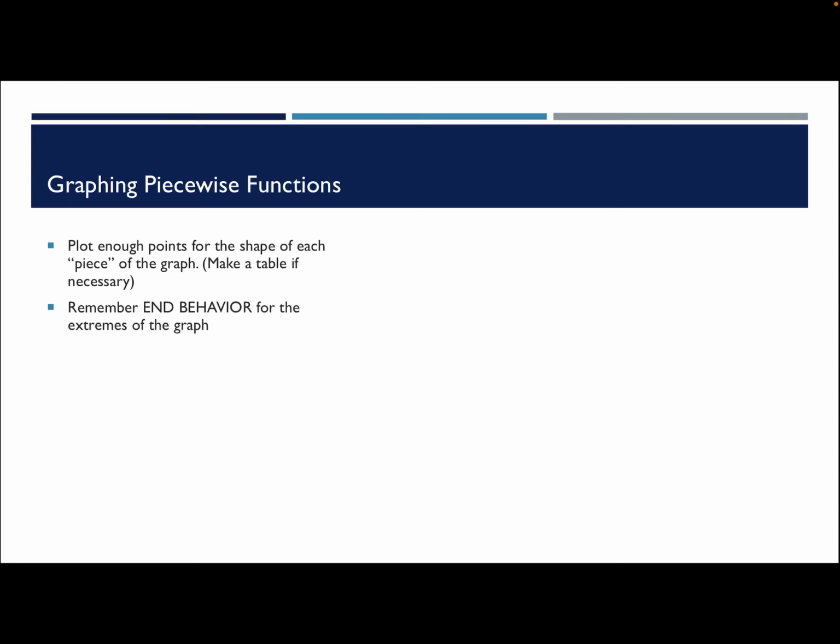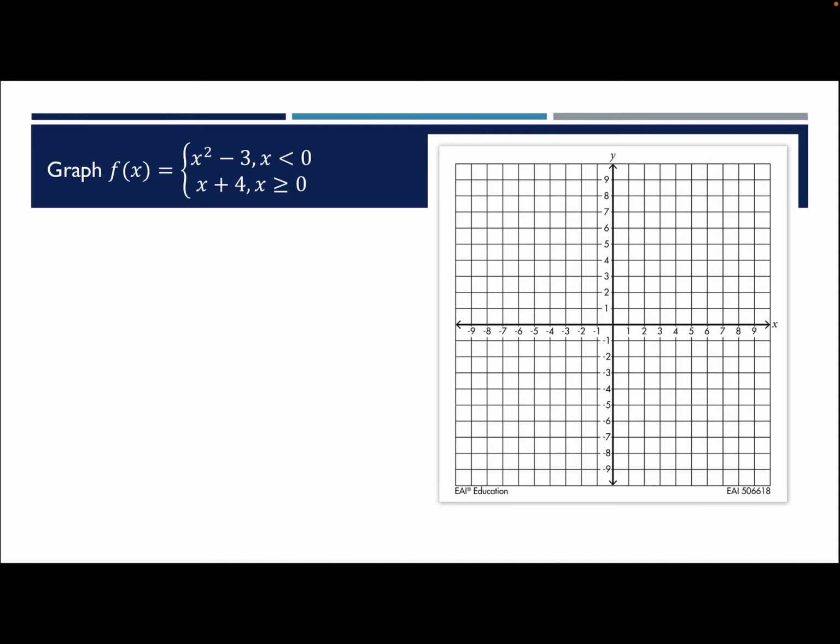All right, so when you're graphing a piecewise function, you need to plot enough points for each piece of the graph so that you understand how the shape of the graph looks. And then we have to remember basic things about end behavior, and we discussed that in the video over parent functions. So we're going to actually graph that example that we just had. We're going to have x squared minus 3 if x is less than 0, and x plus 4 if x is greater than or equal to 0.